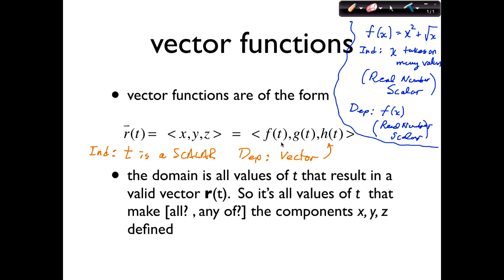Now, each component is a separate function of t. Each component is one of these old school functions: put in a scalar, a scalar pops out. So to get the x component, the y component, and the z component, each one separately is one of those. Then when you put those three together, you get a vector, and that's the dependent entity in a vector function. Okay, don't worry about this domain thing.